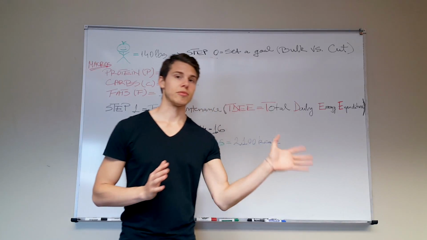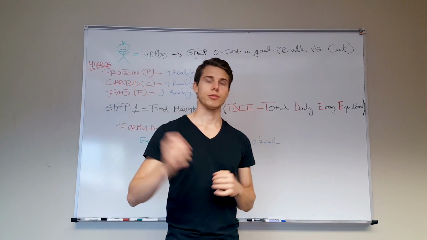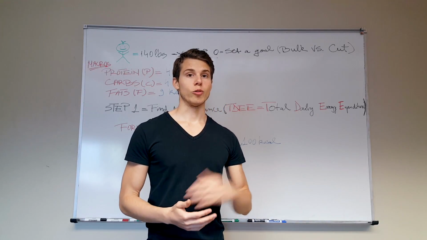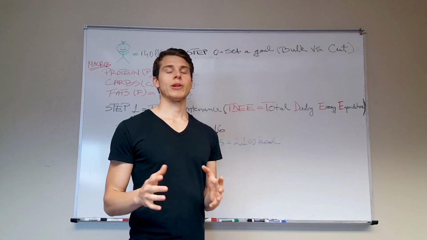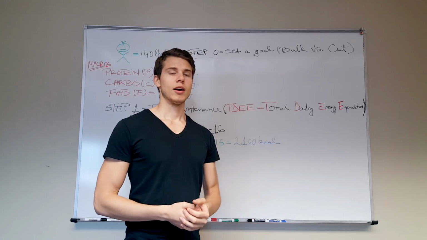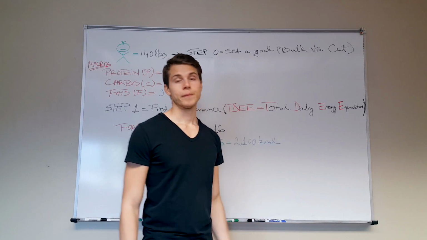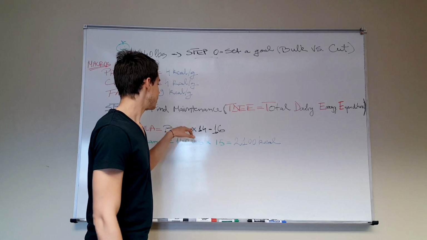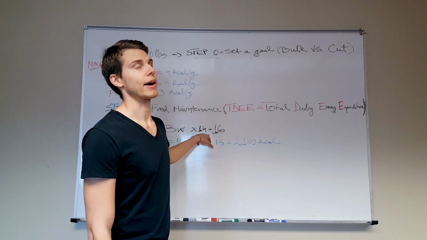As I mentioned before, there are many calculators out there that just give you numbers if you input the data, but I use them and they always overshoot my calories by a bunch or undershoot them. But the formula that I found to work the best for me and other individuals that I did this for was to take the body weight and use a multiplier. And this multiplier doesn't come out of the blue.